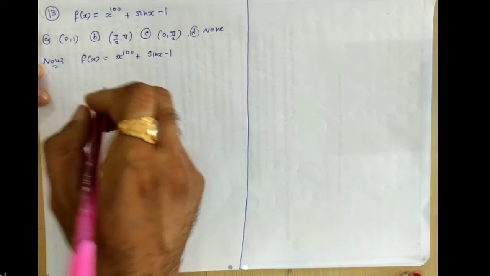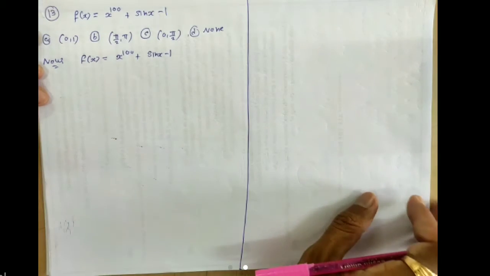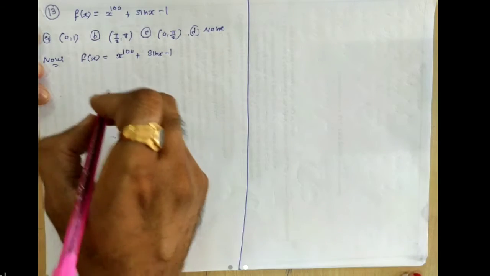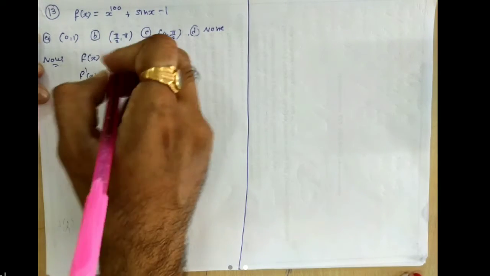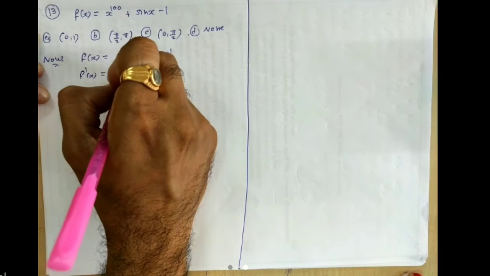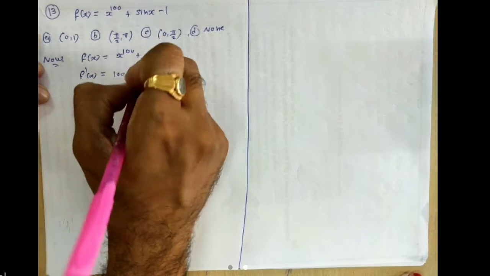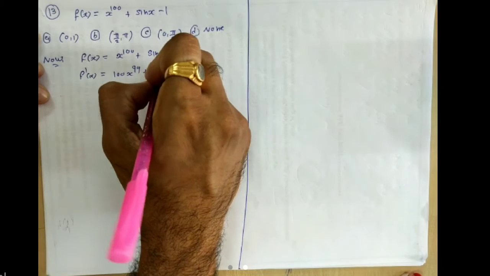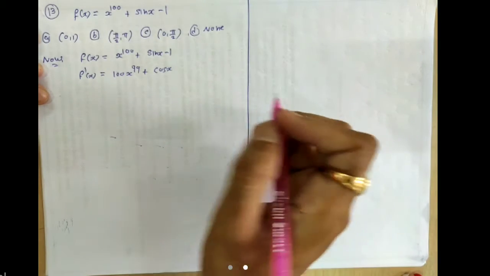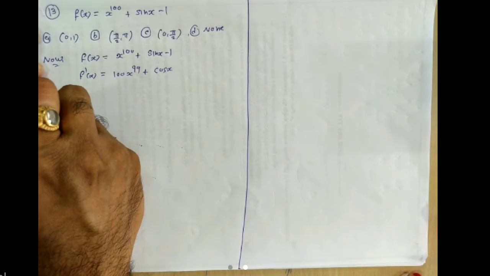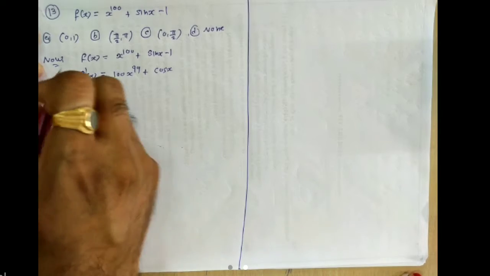So first we require the first order derivative. Differentiating on both sides with respect to x, f dash x equals 100 x raised to 99 plus cos x minus 0.